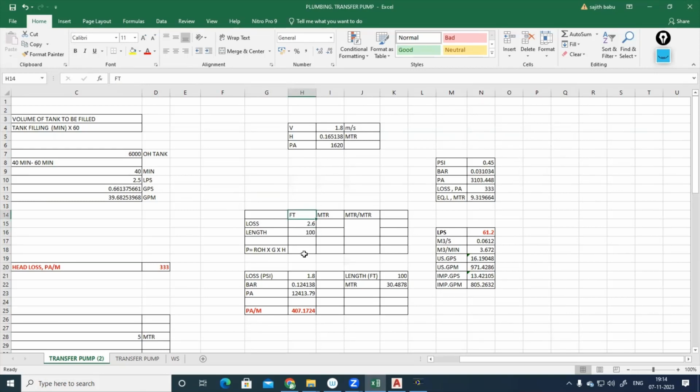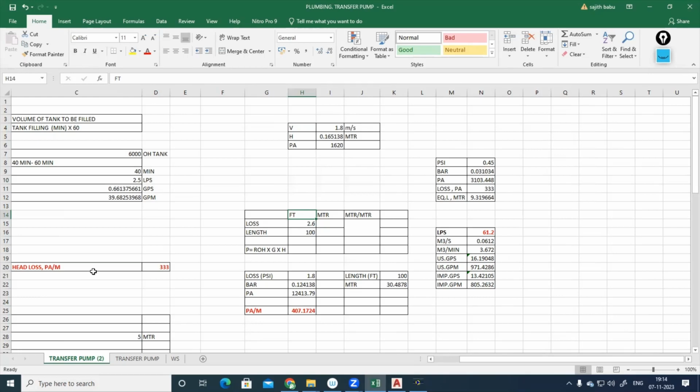I'm doing my head loss calculation in Pascals per meter, the SI unit. I need the pressure drop per meter: each meter of pipe length, how much Pascal of head loss can come?